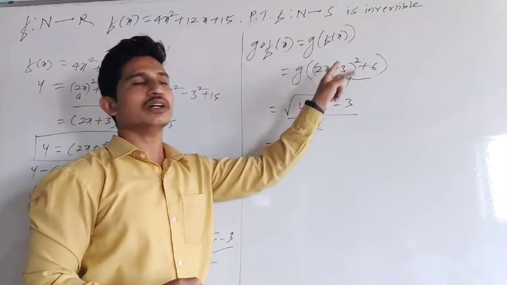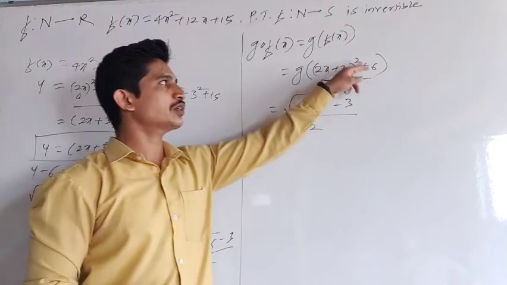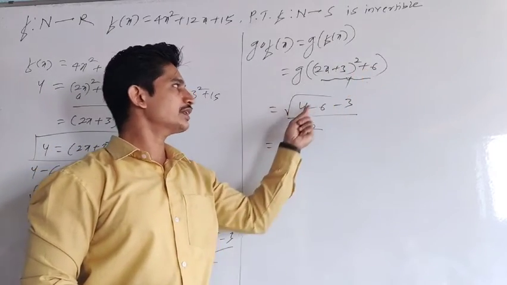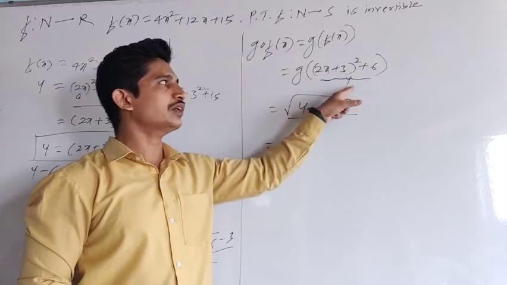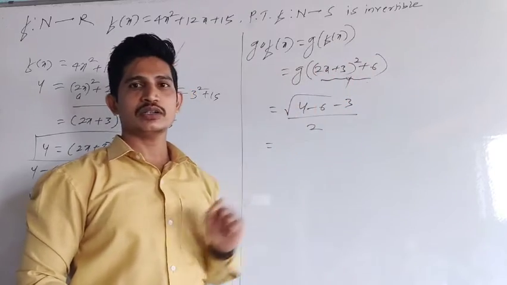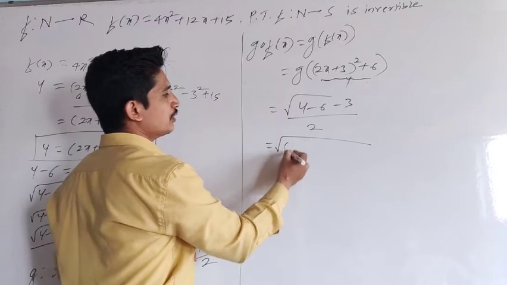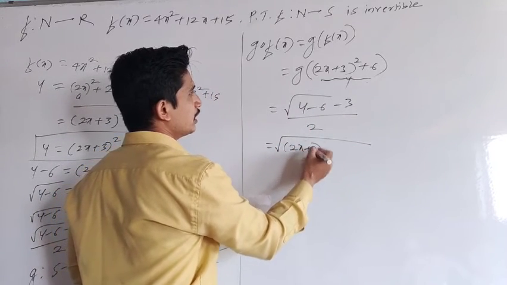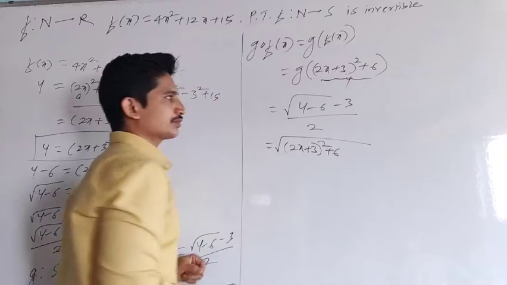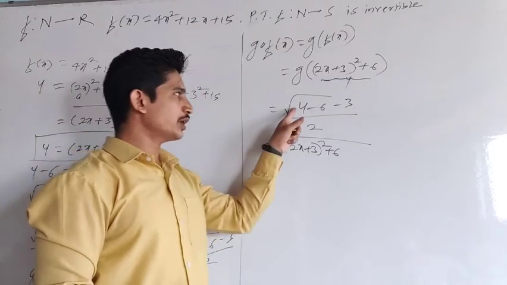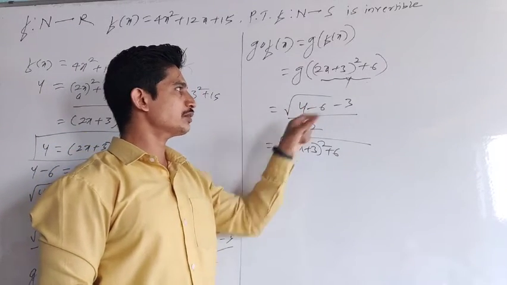The value of y is (2x plus 3) square plus 6. So you put this in the place of y.